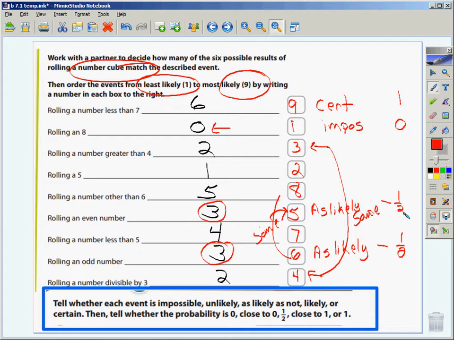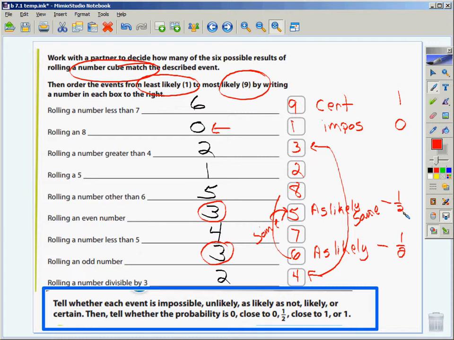Once you've determined where that half is, you can figure out whether it's less likely or more likely. Is it closer to 0 or is it closer to 1? So, anything that's less than a 3, I see 2 of them that have 2s.